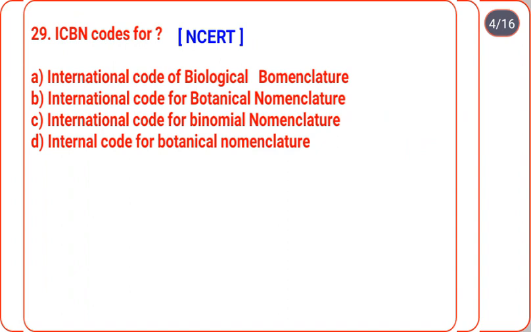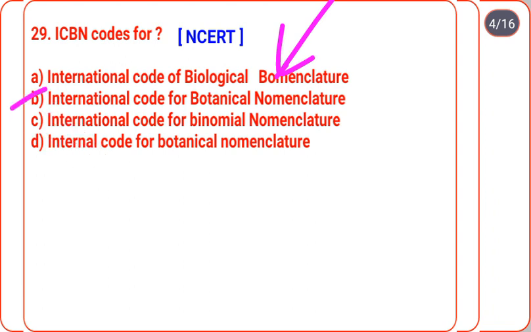ICBN: it means the full form of the ICBN. First of all we remember International Code for Botanical Nomenclature. Option A, International Code of Biological Nomenclature. Option B, International Code for Biological Nomenclature.